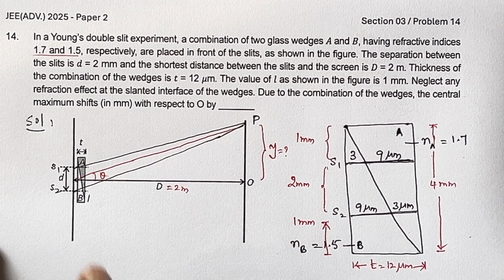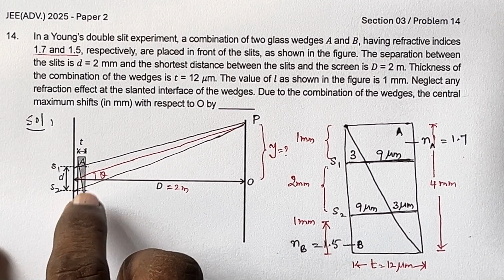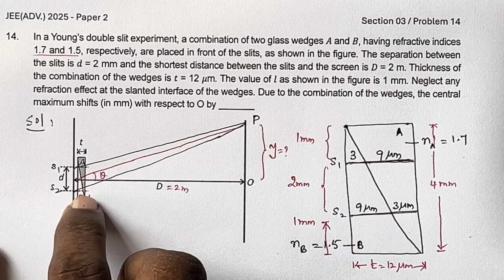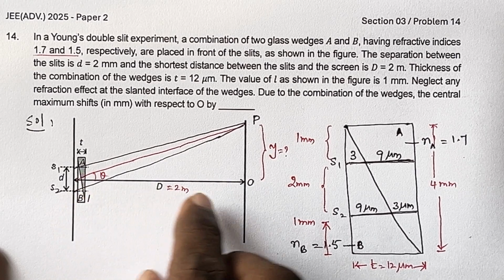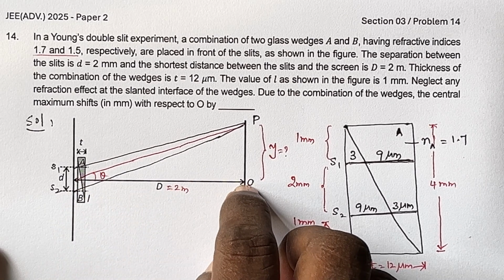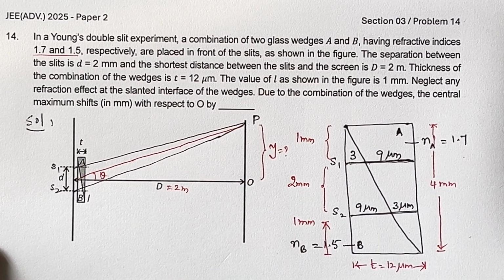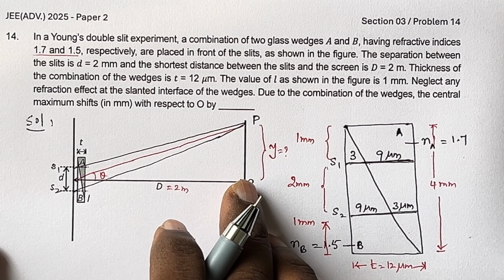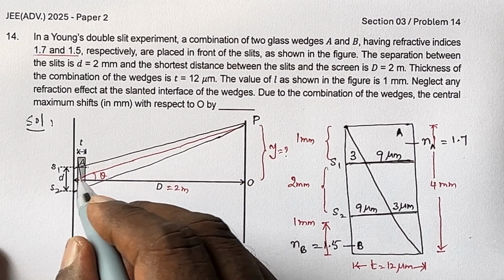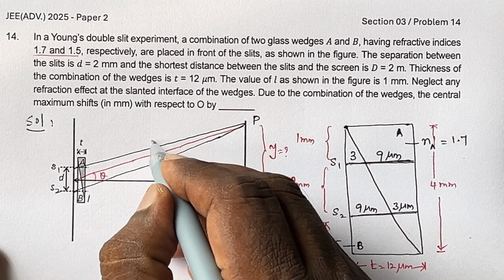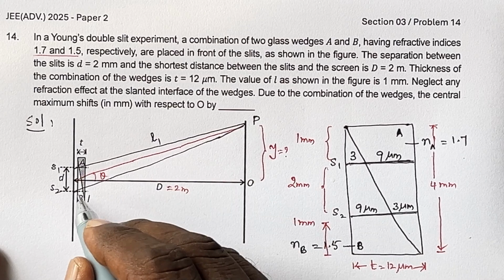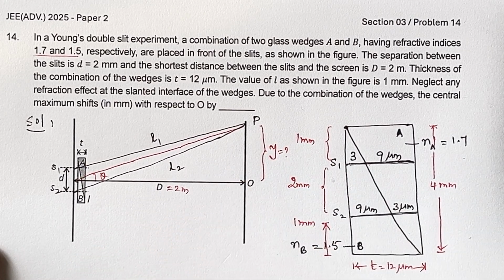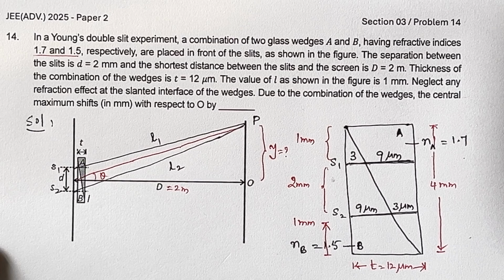Because of the presence of this wedge made up of two different materials having two different refractive indices, this central maxima shifted to P, right? So what is the concept of this central maxima? See, let us take S1P as L1 length and S2P as L2 length or distance, whatever it may be.